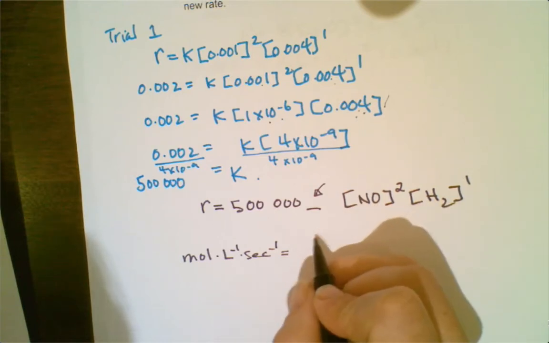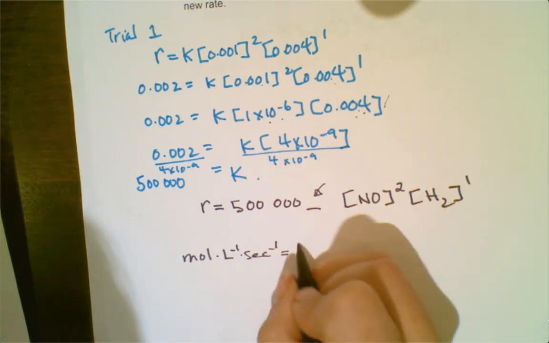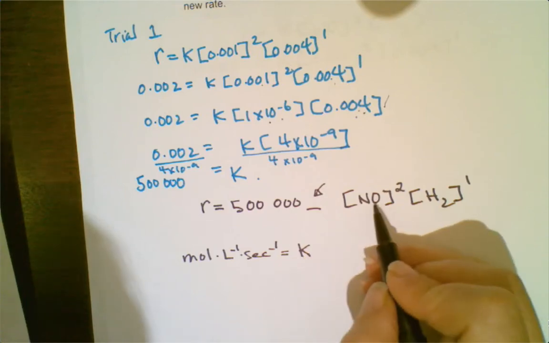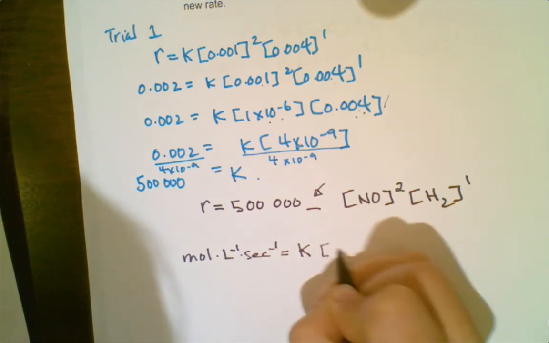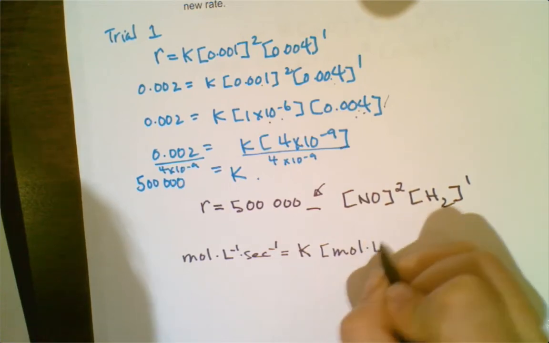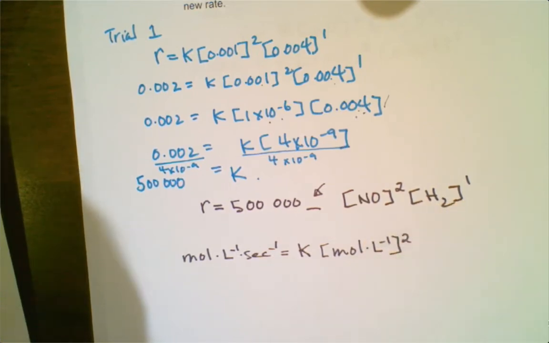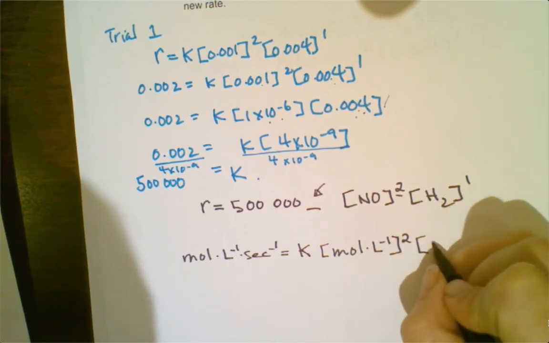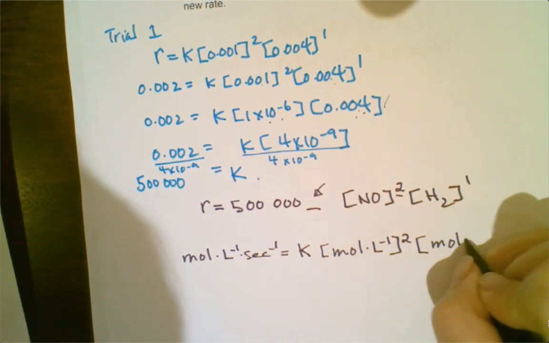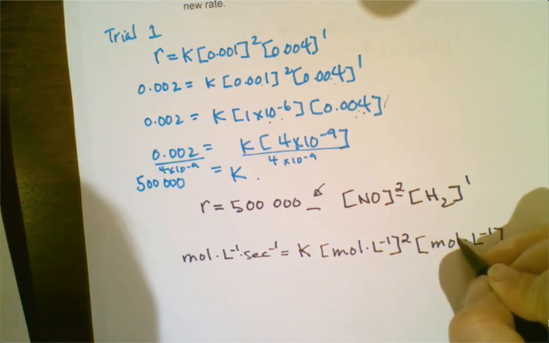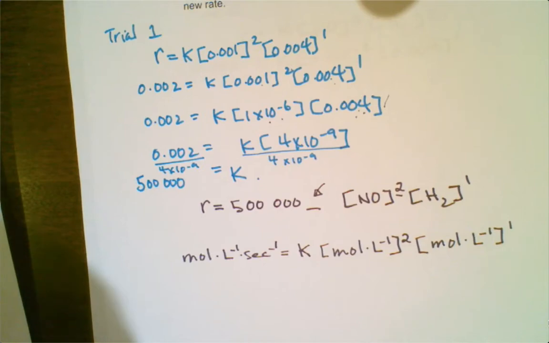I'm going to let k equal the units that I'm solving for. We know concentration is always in moles per liter, which is the same thing as moles times liter to the negative 1, and that happens to be squared because there's a 2 there. Now I'm going to multiply that by moles times liter to the negative 1, because that's representing the concentration of H2, and that's to the power of 1.